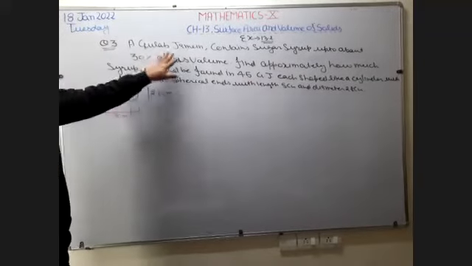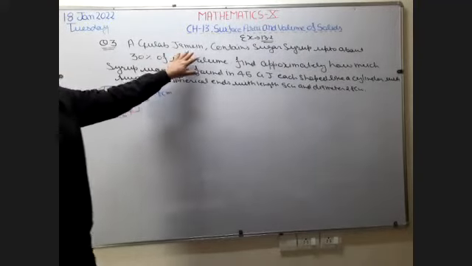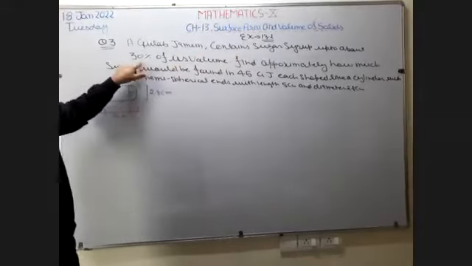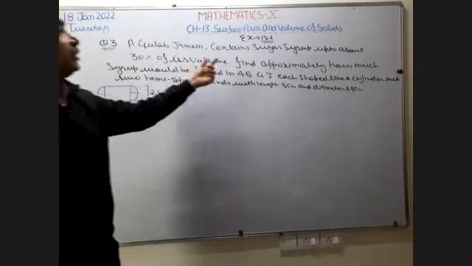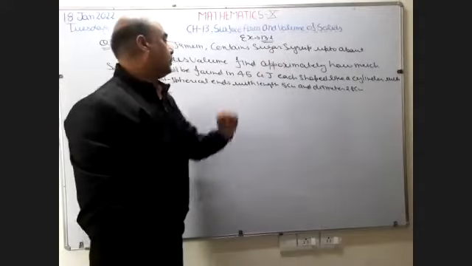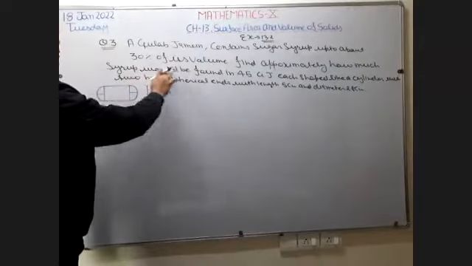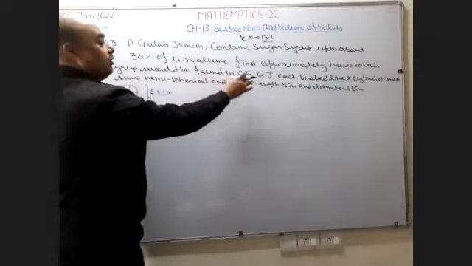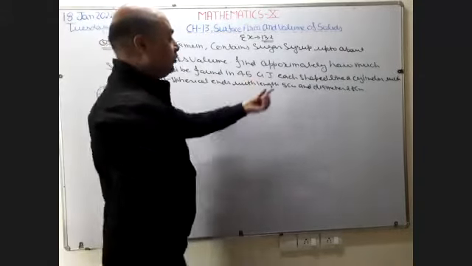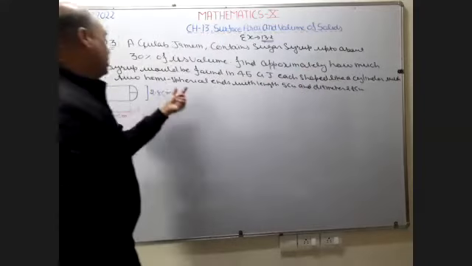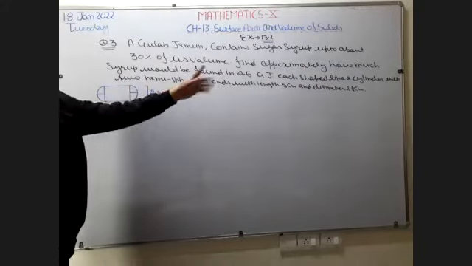Find approximately how much syrup would be found in 45 gulab jamuns if each gulab jamun is cylindrical with two hemispherical ends.